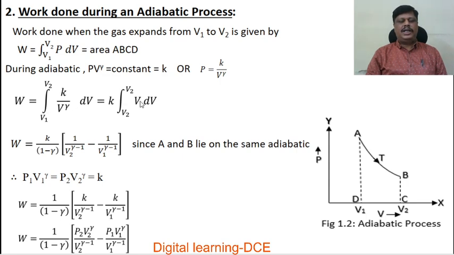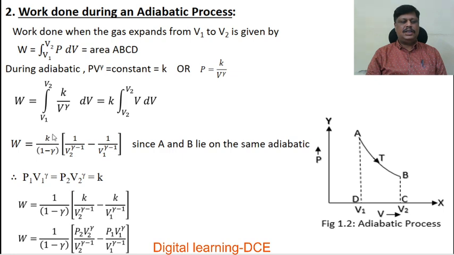Taking it to the numerator, it becomes V to the power of minus gamma into dV. So on integrating V to the power of minus gamma dV, we get V to the power of minus gamma plus 1 over 1 minus gamma.